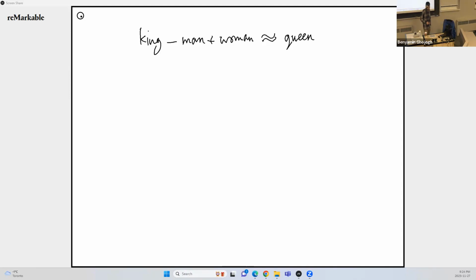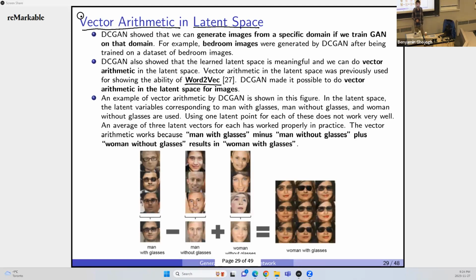Likewise, they said, why don't we have the same thing for images? Do you remember I told you that every latent noise corresponds to some real-world image, right? Agree? So consider I get some latent noise which corresponds to a man with glasses.